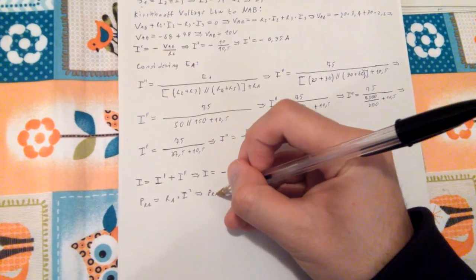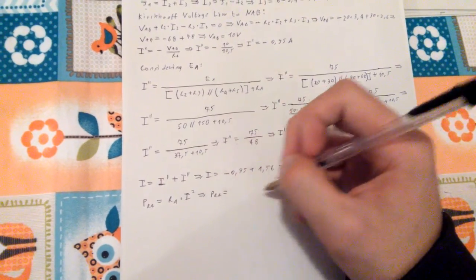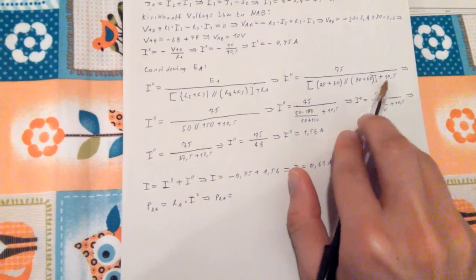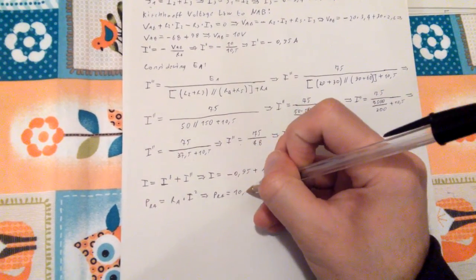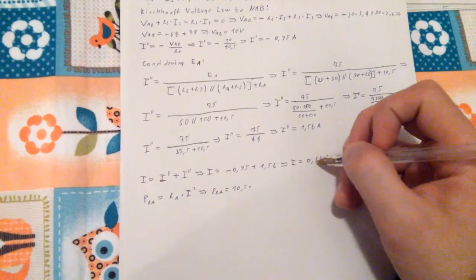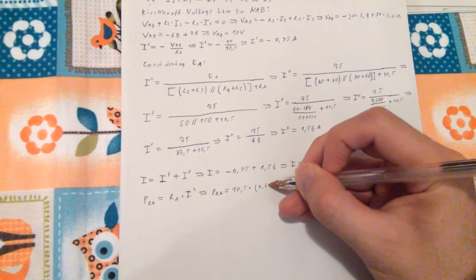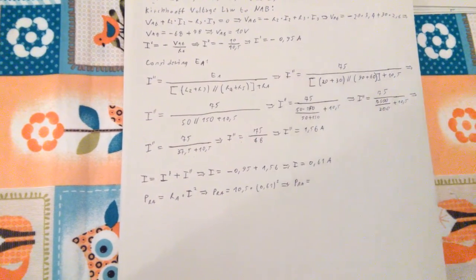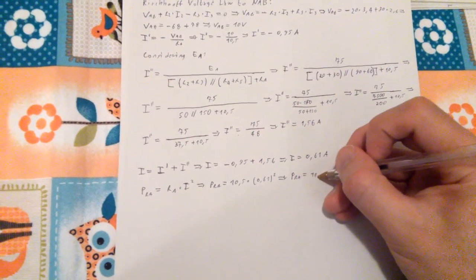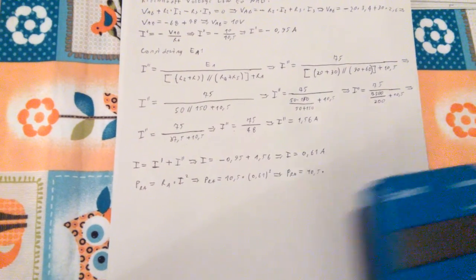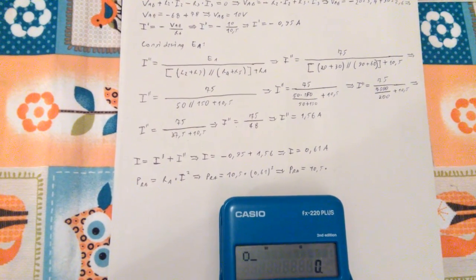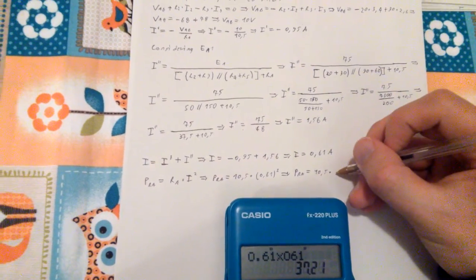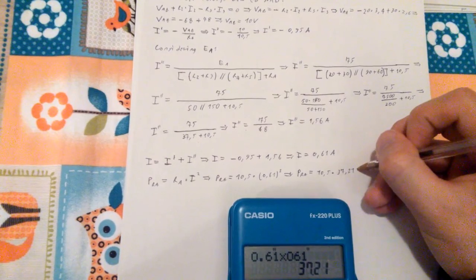RA is 10.5 times I squared, 0.61 squared. 0.61 times 0.61 is 37.21.